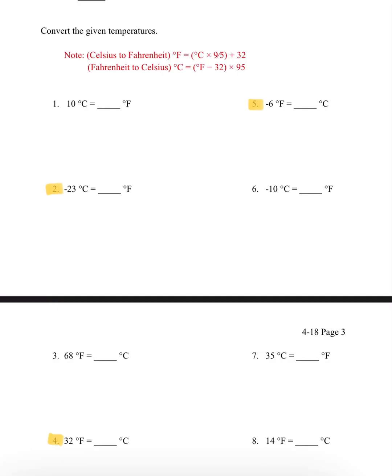So our Celsius is negative 23 times 9 over 5 plus 32. So let's first multiply. 23 times 9. 9 times 3 is 27.